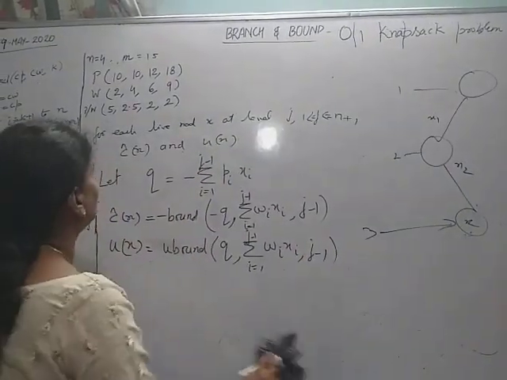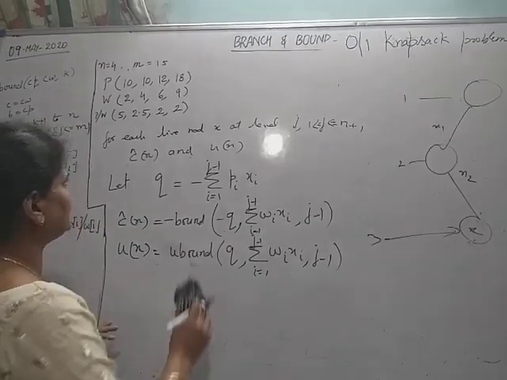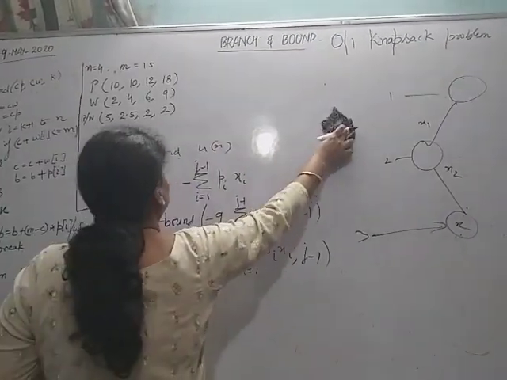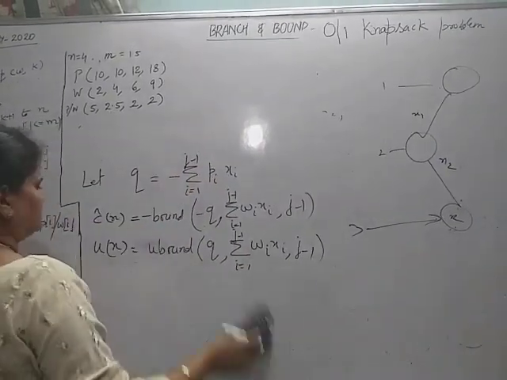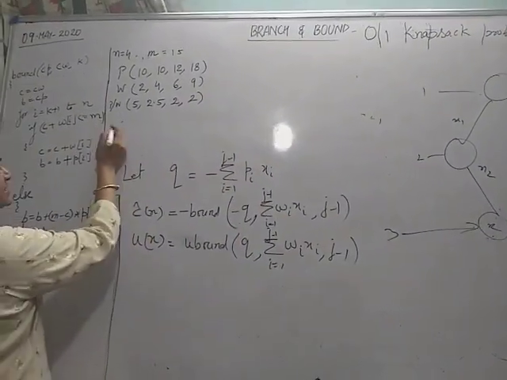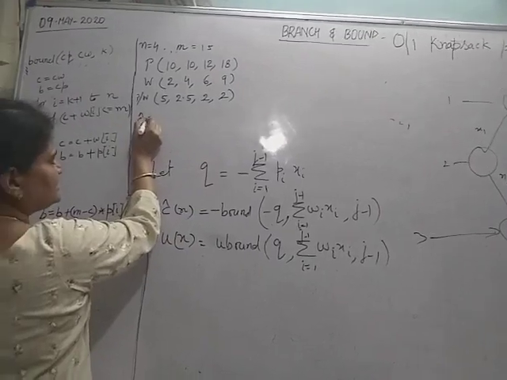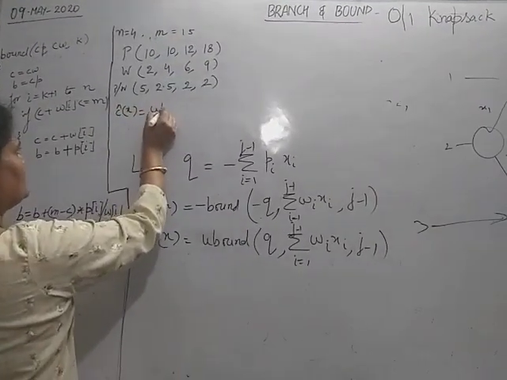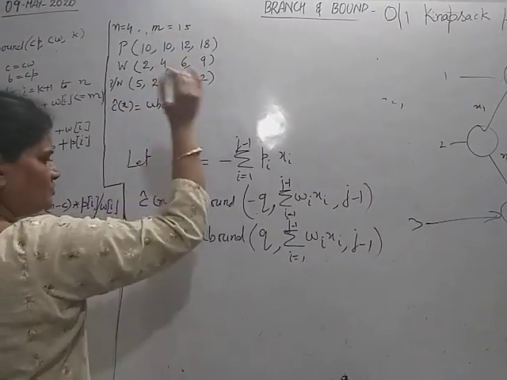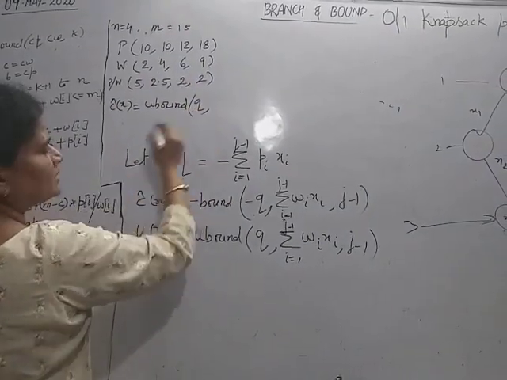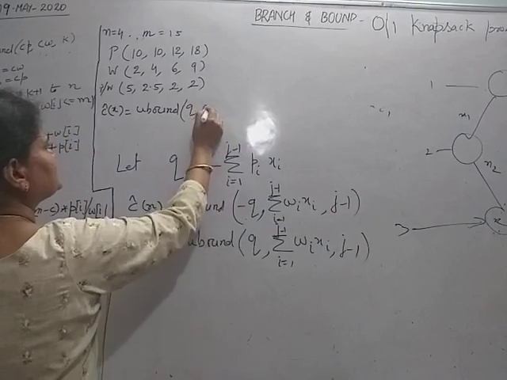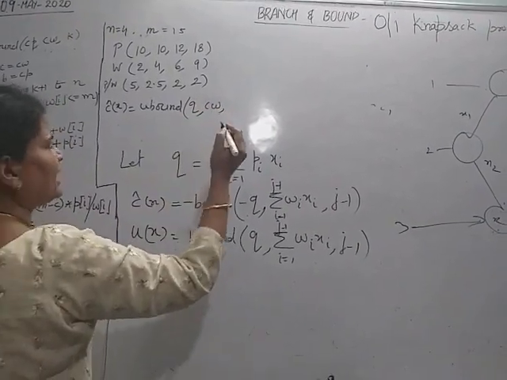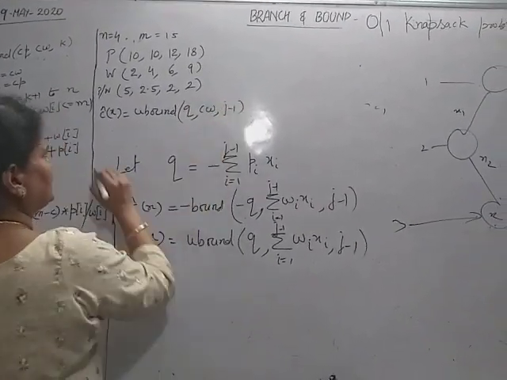Okay. So here I am writing this so you don't have the confusion. Cx is equal to u bound q, summation wi, what I am saying, at present cw, and j minus 1. Okay.